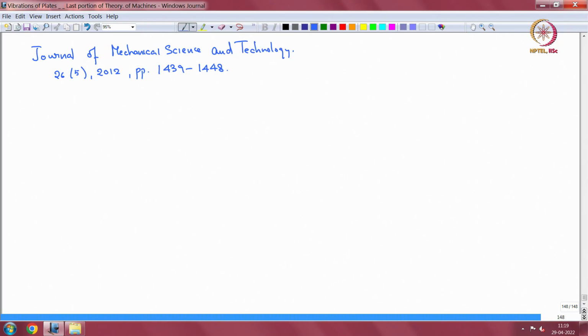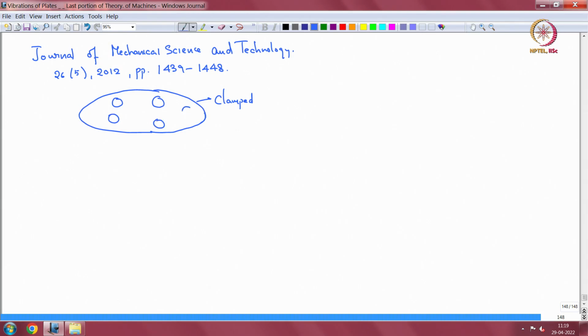Okay. Now what do the authors propose? They have a circular plate with some boundary condition, say clamped, and inside they have multiple holes.